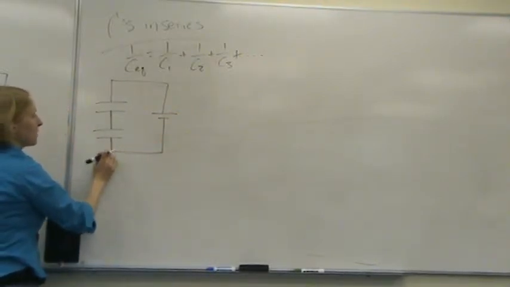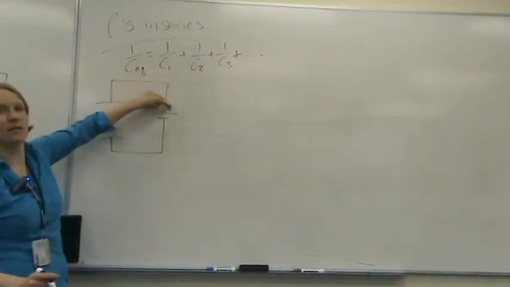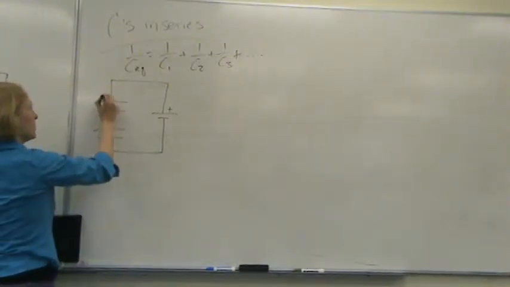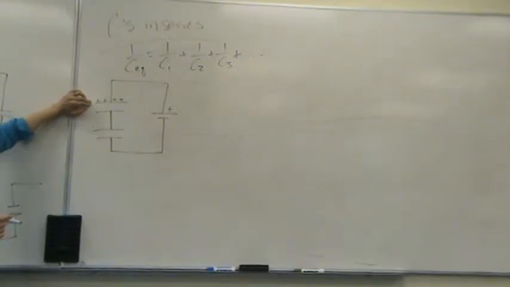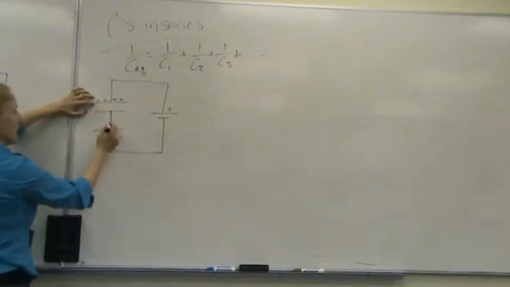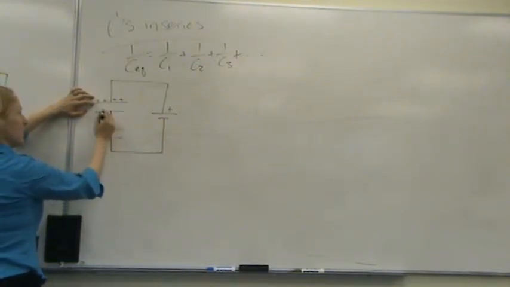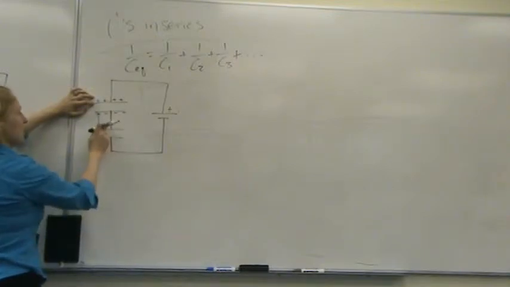We said that the battery is going to attract negative charges to the positive side of the battery, leaving this plate positively charged. And if there's 4 positive charges on this plate, that's going to attract 4 negative charges on the other plate. Those negative charges come from somewhere. They're going to come from this capacitor down here. So 4 negative charges go up here, and that's going to leave this plate with 4 holes.